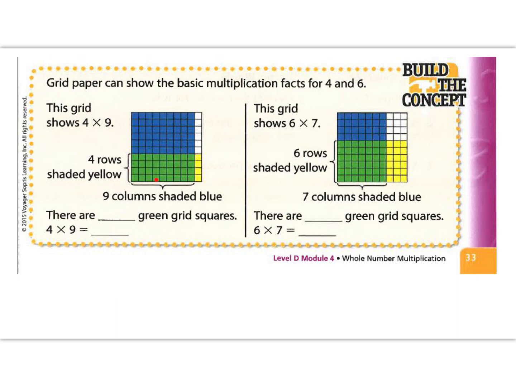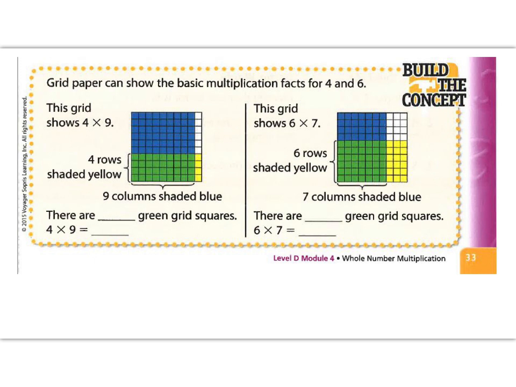So we see that the green grid squares are where the 4 and the 9 overlapped. So this is 4, 1, 2, 3, 4, and then 1, 2, 3, 4, 5, 6, 7, 8, 9. So all of this, 4 times 9, are the green ones. And if we counted those all up, we would get 36.